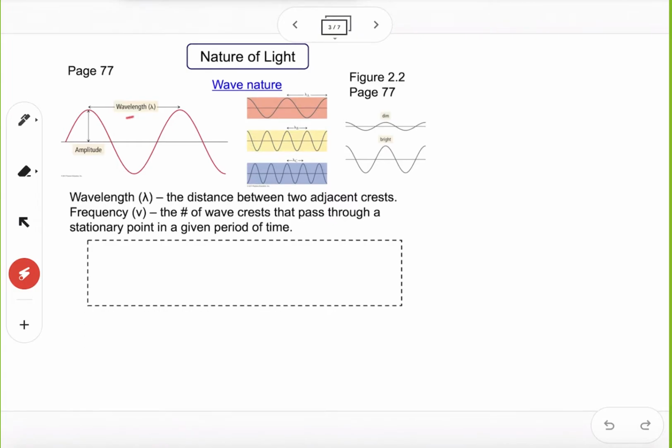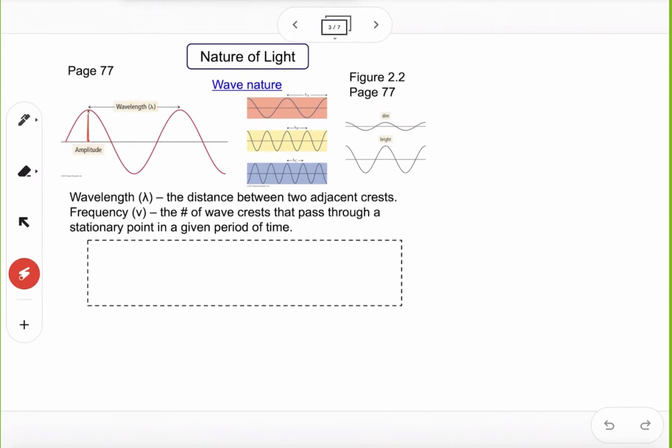The first one is the wavelength. The second one is the amplitude. The wavelength is the distance between two crests, and the amplitude is the distance between the baseline of the wave and the crest.